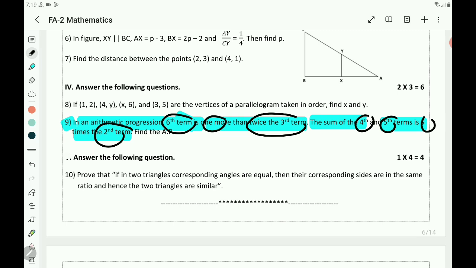So A4 plus A5 equals 5A2. First you write the relation, and next you get the values of A and D by using any one of the methods of finding the values of the variables of a pair of linear equations in two variables.